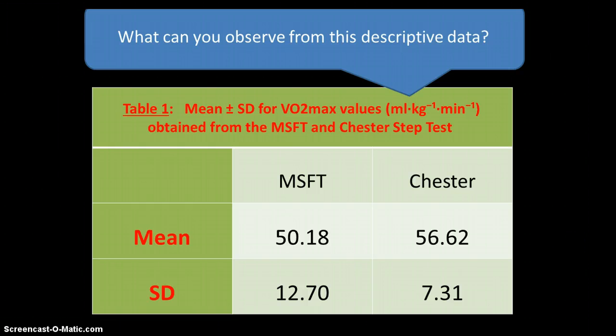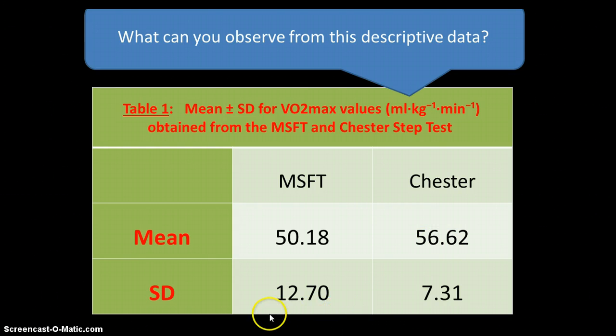So this is presentation of results, and the next thing to ask yourself is, well, what can I observe from this descriptive data? Does it tell me anything? From your third video, task 3, we talked about central tendency and variability. You can clearly see that the Chester step results have a slightly higher mean.